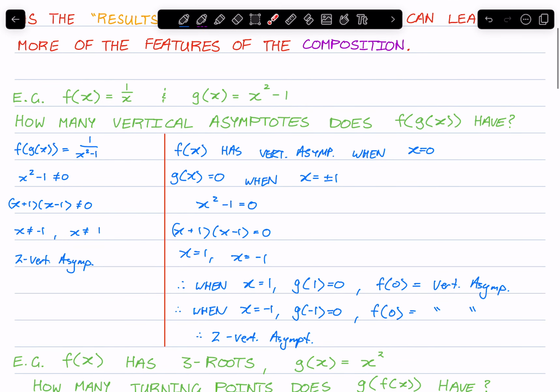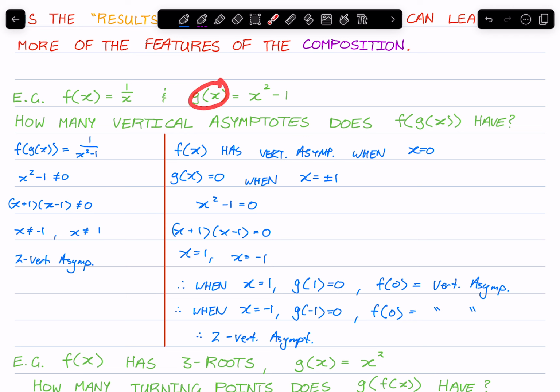So I'll repeat this one. F of x, since we're looking at vertical asymptotes, the vertical asymptote in f occurs when x equals 0. But 0 is the result I'm looking for in g, because the result of this will go into x.